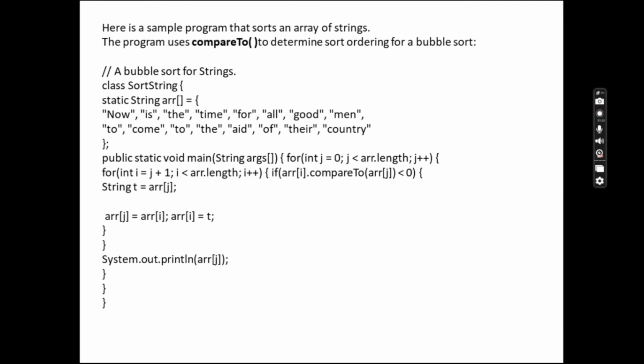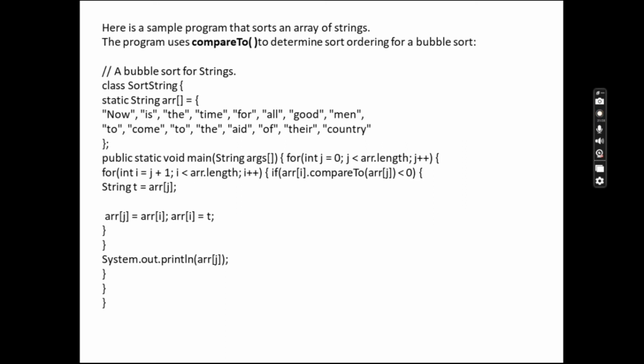Here is an example. "Now is the time for all good men to come to the aid of their country." So, from 0 to arr.length, it will iterate, with int i and j = i + 1 less than arr.length, i++. So j will start from "now" and i will start with "is".